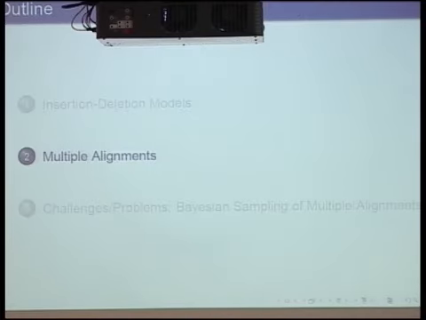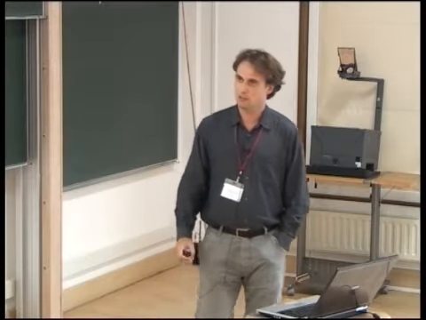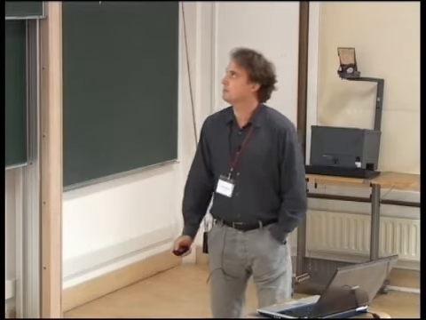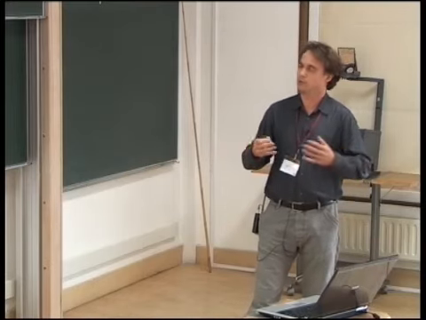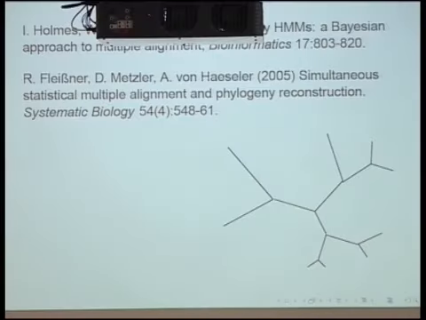And now I come to the more interesting point of multiple alignments. And now it's much more inefficient to do this. We know that multiple alignment methods are always more time-consuming, but I think the first ones who tried to somehow transfer this hidden Markov mechanism to multiple alignment were Holmes and Bruno in 2001.